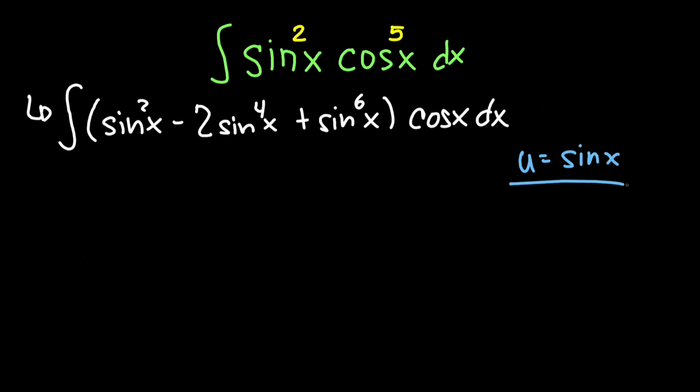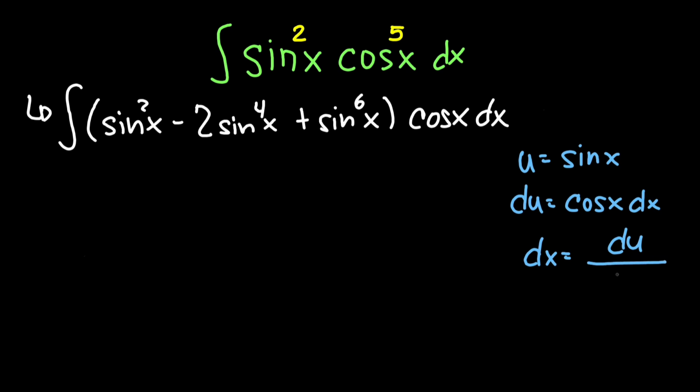Take the derivative next whenever you are doing a u substitution. The derivative of sine of x would be cosine of x dx. Put dx here since it is with respect to x, and generally you would want to isolate dx here now. This would be dx equal to du over cosine of x. Now that we have our values here, let us substitute them into this integral of ours.